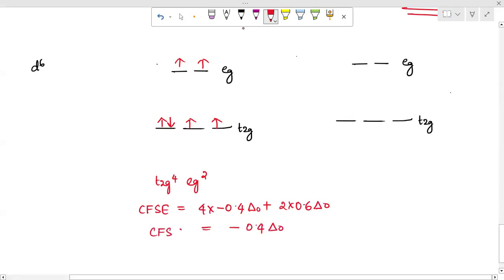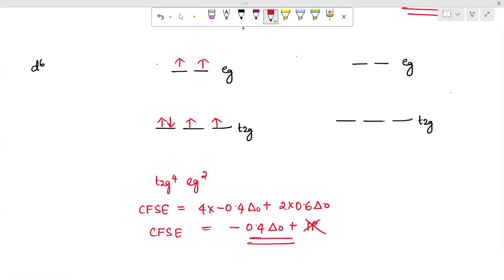This is the CFSE. Understand that there is no pairing energy added over here. It's not plus 1P. No. Even though you can see one pair of electrons which are paired, you need not add one pairing energy because this is just natural. You're not giving any energy. Every one of them is half filled and then pairing occurs, and that is natural.